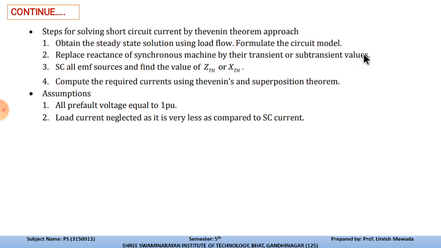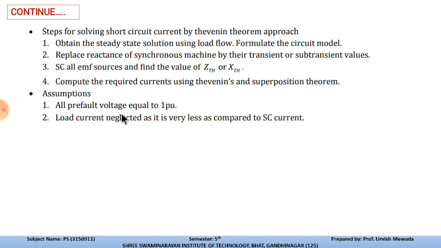Third is to short circuit all the EMFs and find the value of ZTH or XTH. The fourth one is to compute the required current using Thevenin's and superposition theorem. Now the assumptions made while solving the short circuit current using Thevenin's theorem of the synchronous machine.